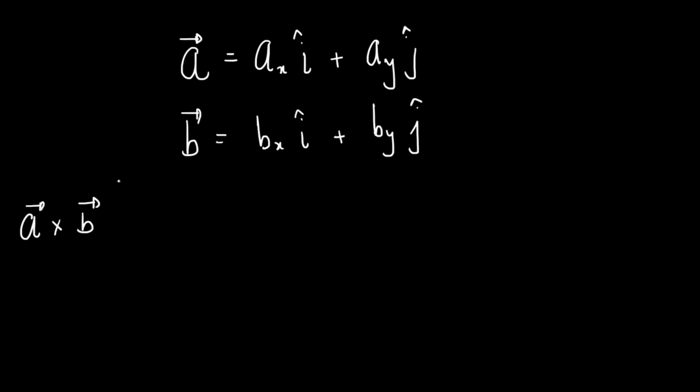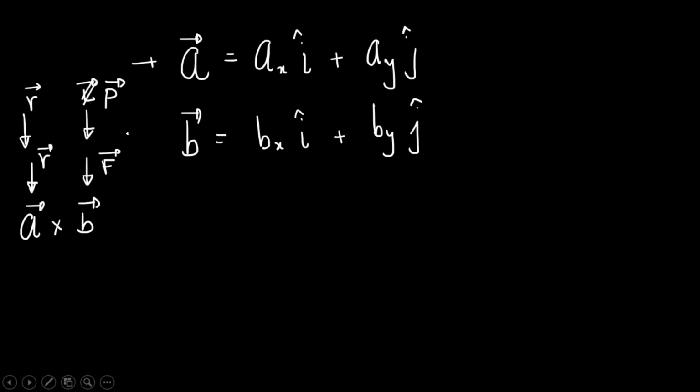So please note that in the actual physics, this could be, for example, the position vector, and this could be force, or this could be the position vector and this could be the angular momentum. So let's write it R and F. These are the important cases in physics for us, R and L. Oh, what a bad mistake. P. I'm sorry. R and P. And we're trying to calculate torque and angular momentum.